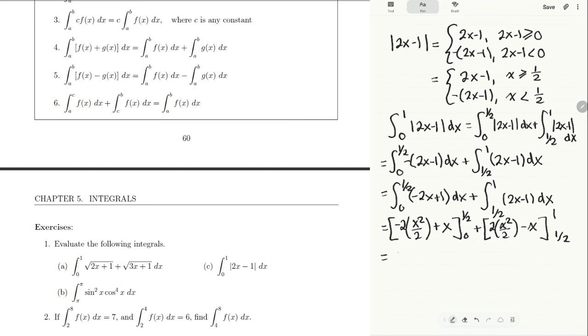And so simplifying, we get negative x squared plus x, evaluated at 1/2 and 0, plus x squared minus x, evaluated at 1 and 1/2.